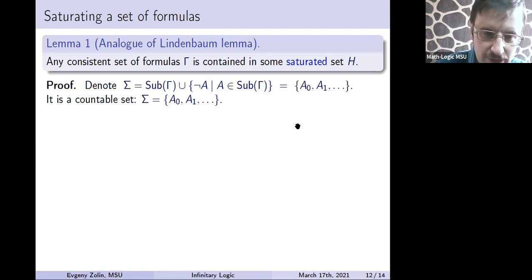In the usual Lindenbaum lemma, we build a tower of sets, gamma 0, gamma 1, gamma 2, and so on, by simply either adding a formula a n or not, or in other variants we add not a n. But here we will need some additional trick, because the trivial method doesn't work if we have negation of conjunction of variables.